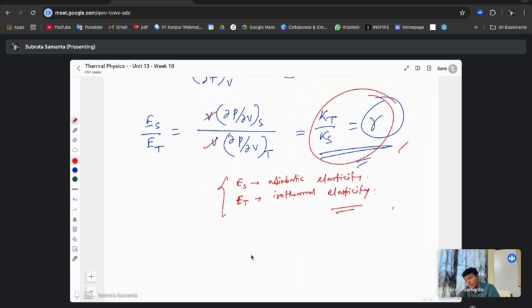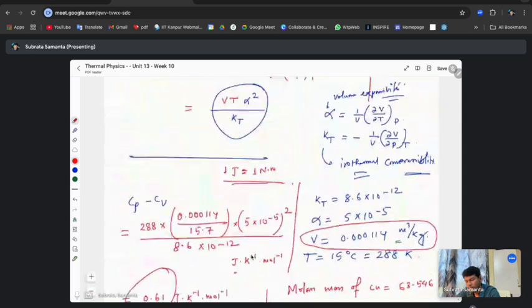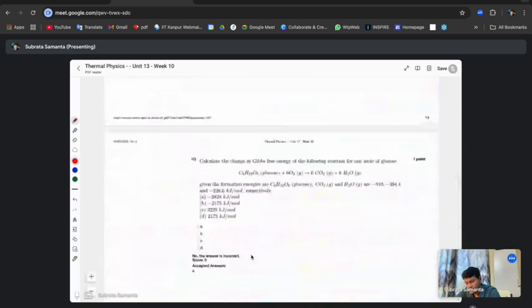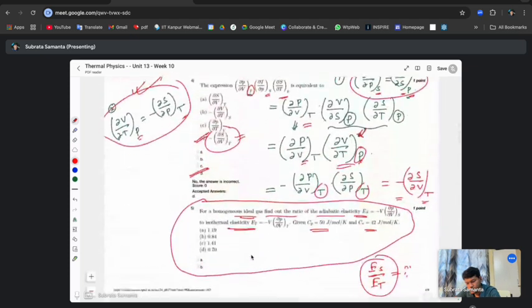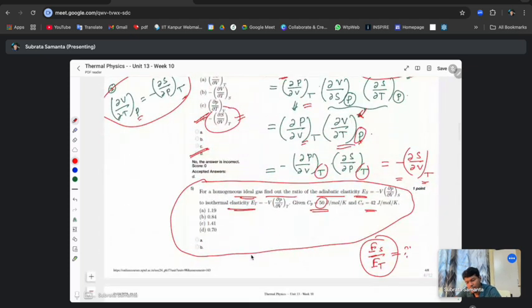So now in the given problem, we have to calculate ES over ET, so that is Cp over Cv, and the Cp value is given in the problem. So what are the values? The value of Cp is 50 and Cv is 42.